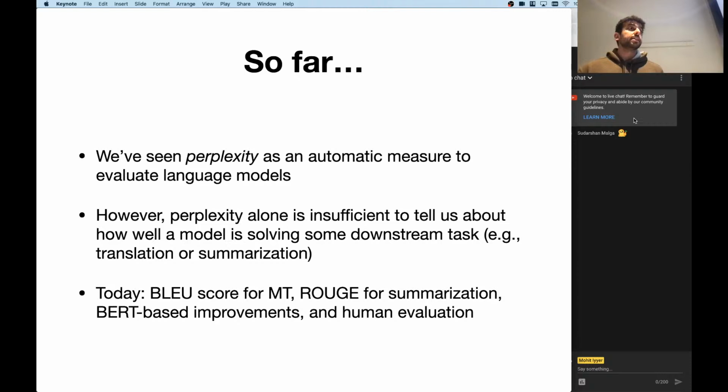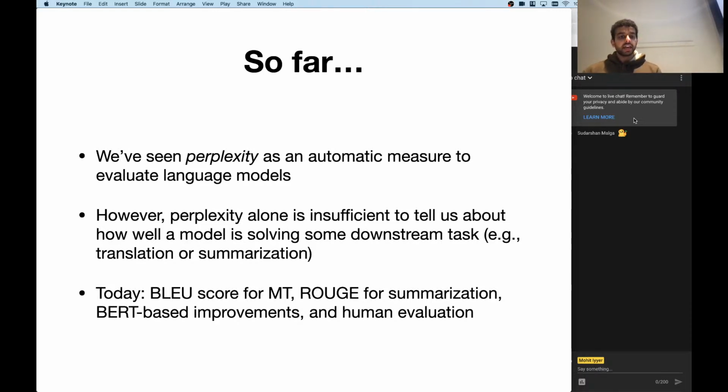A higher perplexity, since it's kind of the inverse of the probability, means that the model is not assigning a high probability to the sequence that you fed in. So a lot of papers that you might come across that deal with text generation have perplexity as a reported number that kind of tells you how well a model is doing compared to other models. But for many different tasks, perplexity is insufficient by itself to tell you about the quality of the generated outputs.